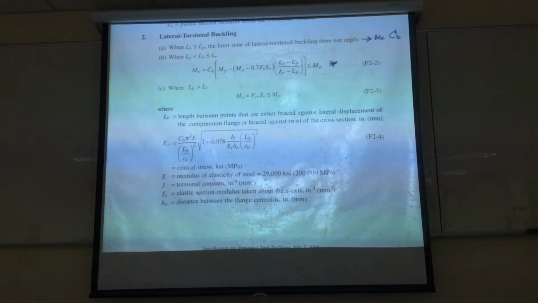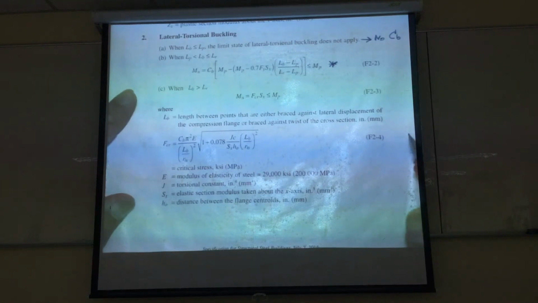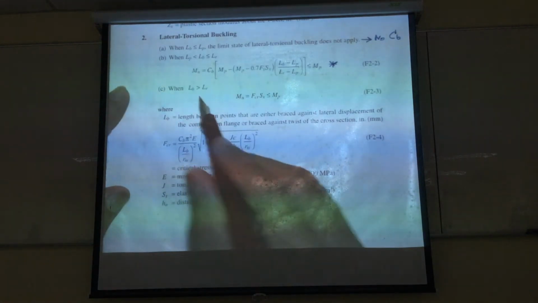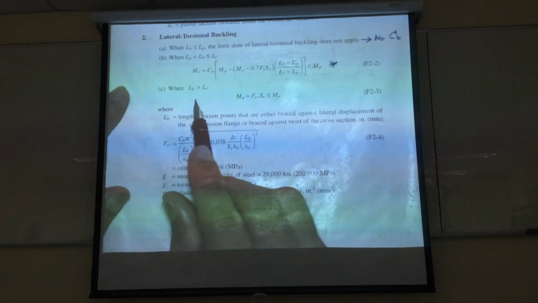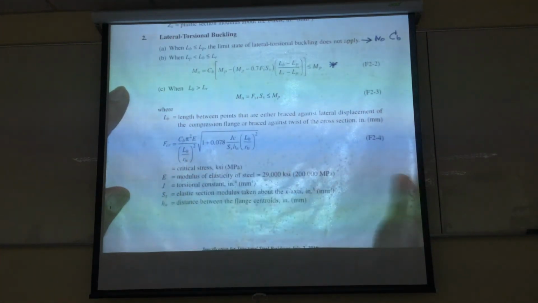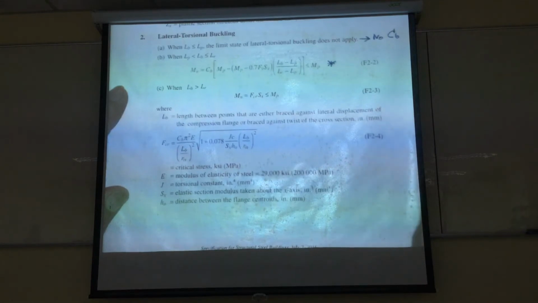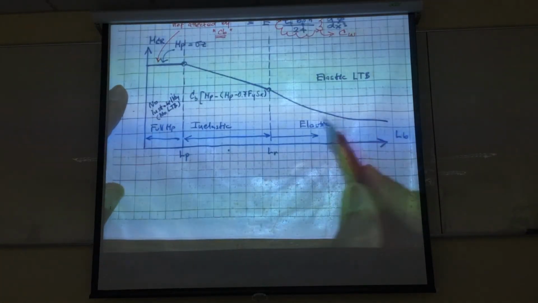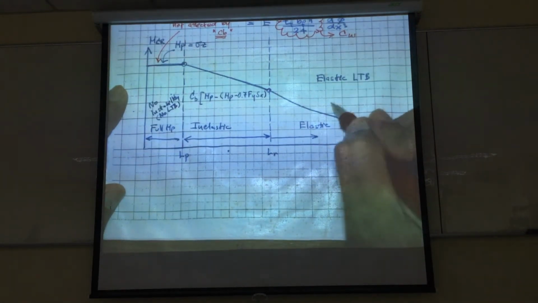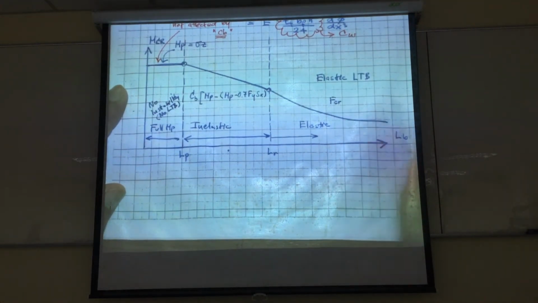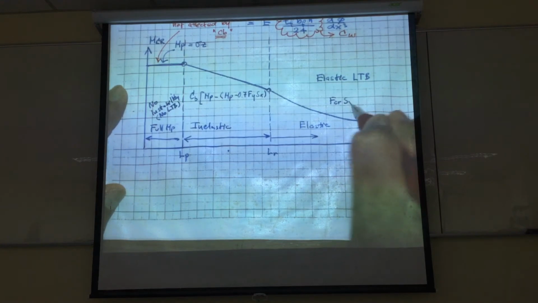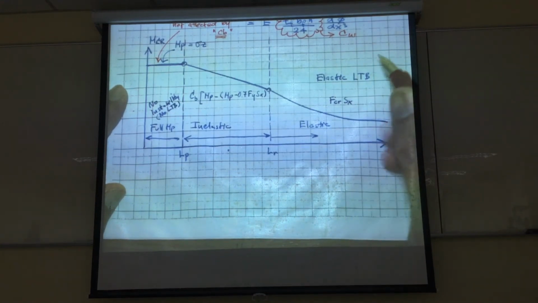Second step. The third one here, I send this up, no worry. So the third one will be this part here, which is the F critical multiplied by Sx.